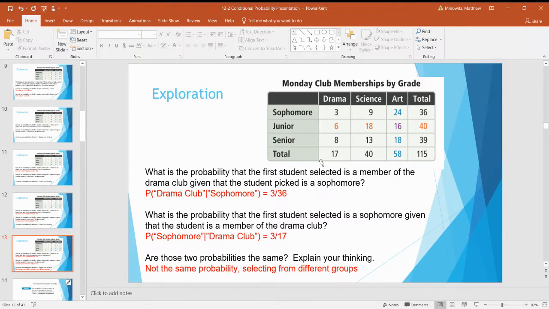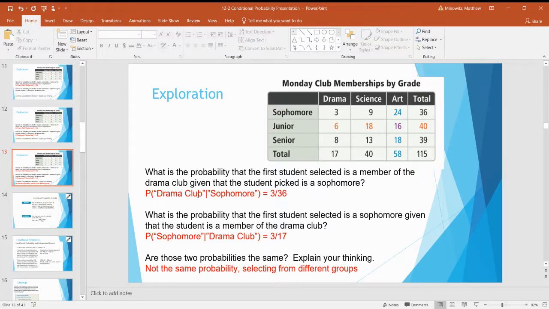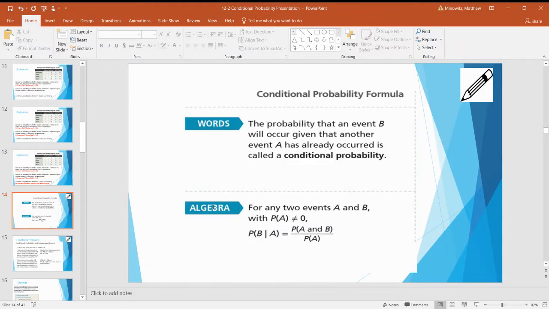Now, this is an example of conditional probability. Conditional probability is the probability that an event B will occur, given that we know that A has already occurred. So in that first problem, we can go back and look at it. This first one, we knew that they were a sophomore. So what's the probability that they're in drama club given that they are a sophomore? And this symbol means given.